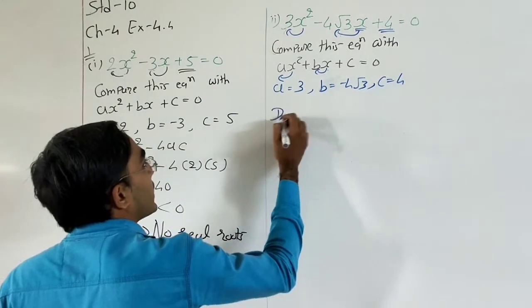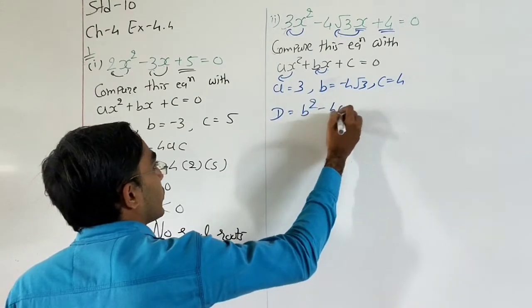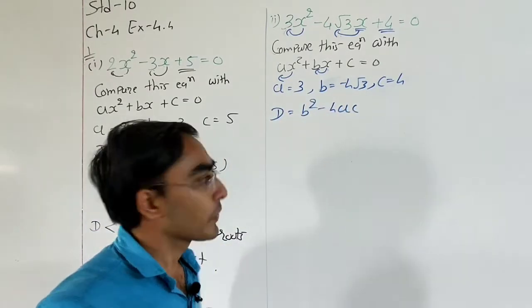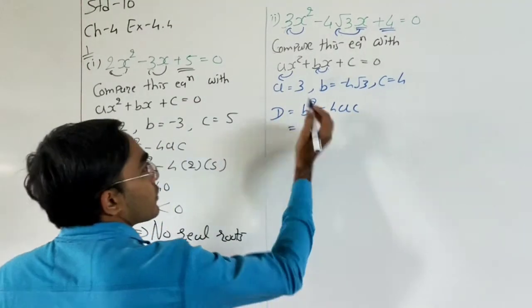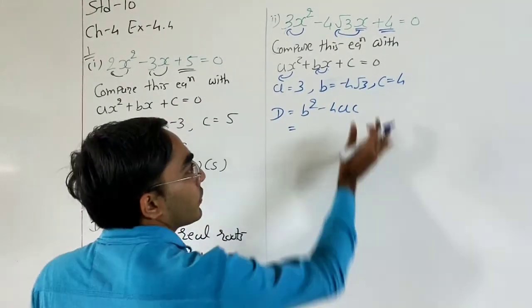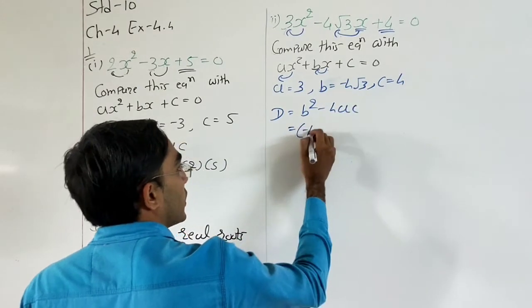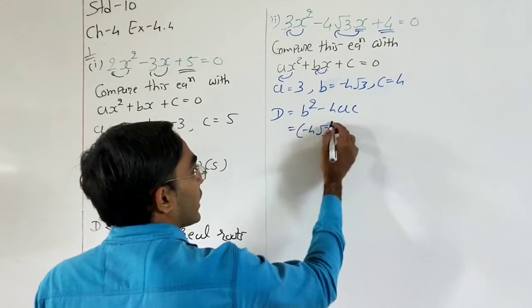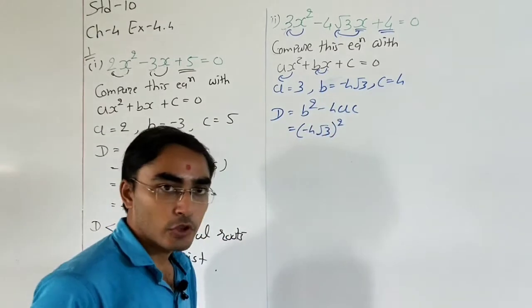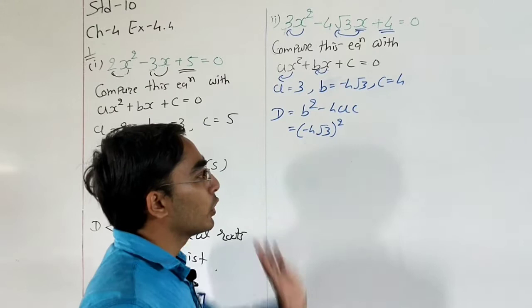So discriminant D is equal to b square minus 4ac. Now put the values of a, b and c here. First of all, b is minus 4 under root 3, and here the square is there, so minus 4 under root 3 all square.